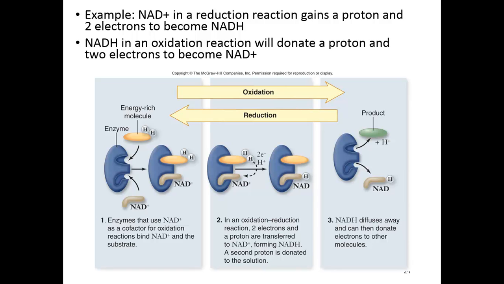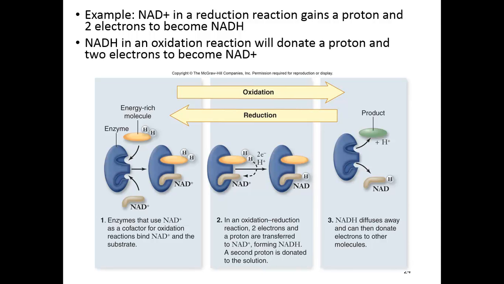So one of these redox reactions is by a molecule called NAD, and NAD+ is an ion that in a reduction reaction gains a proton and 2 electrons, and it becomes NADH. NAD+ is a positive ion, so it gains 2 electrons.